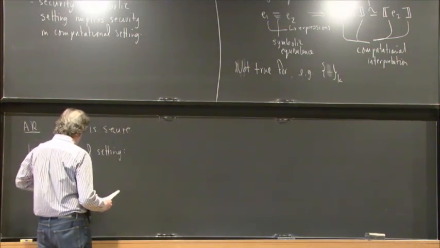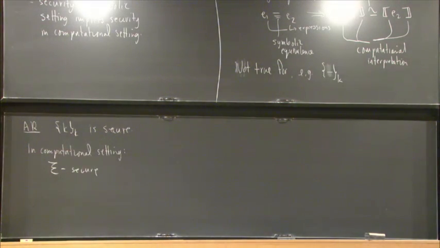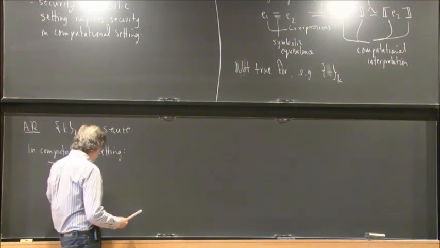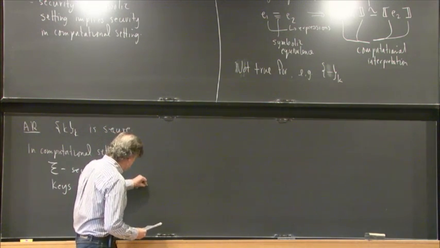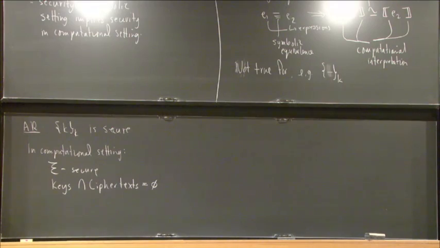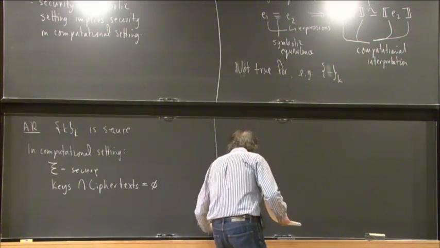So if we start with E, which is a secure encryption function, and now let's just suppose that the set of keys and the set of ciphertexts is disjoint. Ciphertexts are the possible outputs of the encryption function. Then now we'll define E prime.